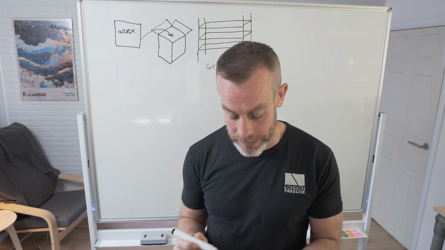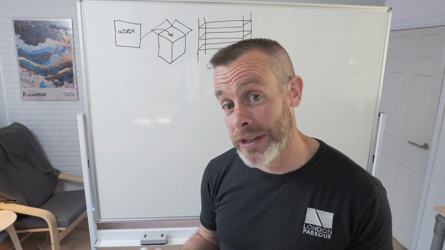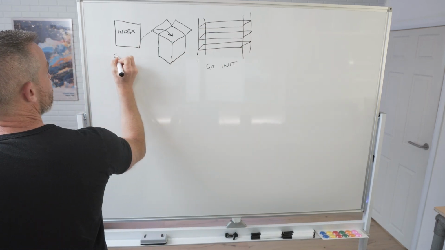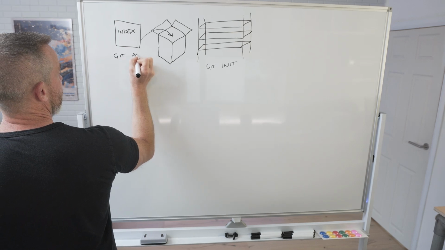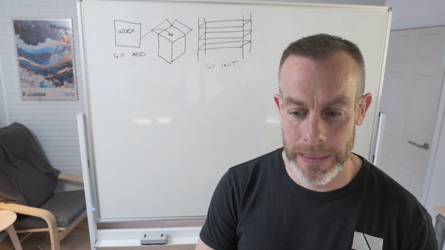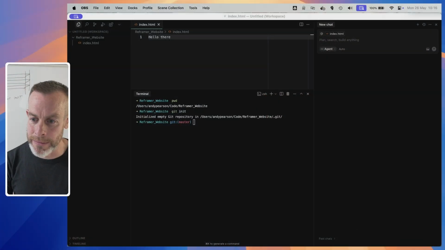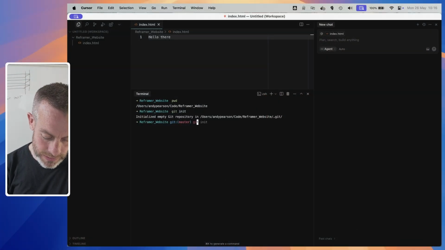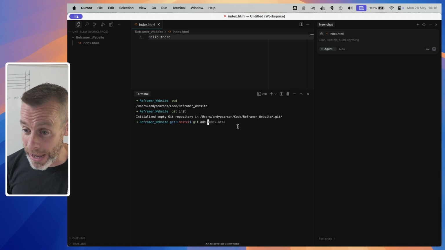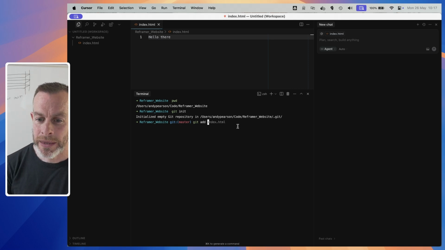Now, how do we do that? That is using the command called git add. Again, let's demo that. So git add, and you can see on the command line there, you name the file that you want to add into the box.